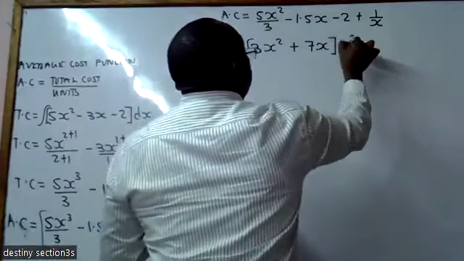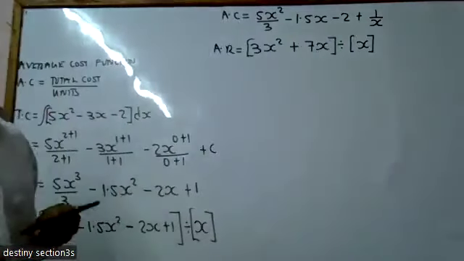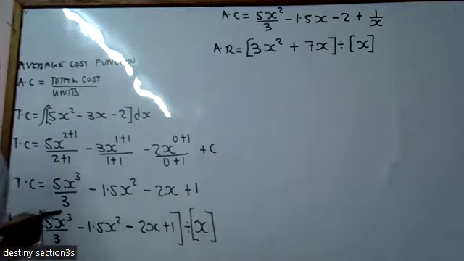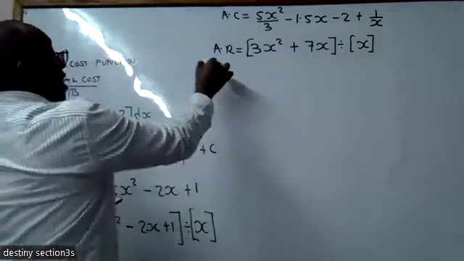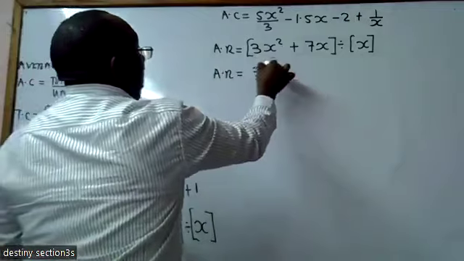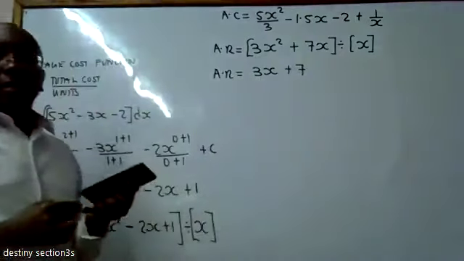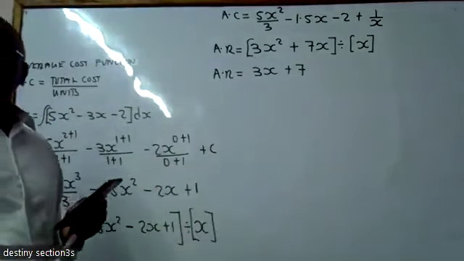All these you divide by x. The same concept that we are using. So when you divide, the average revenue will be left as 3x plus 7.